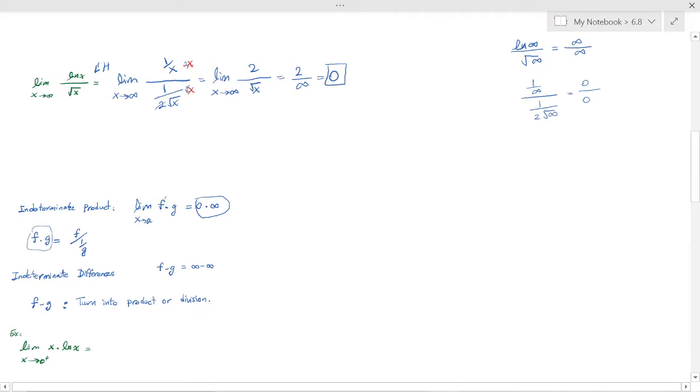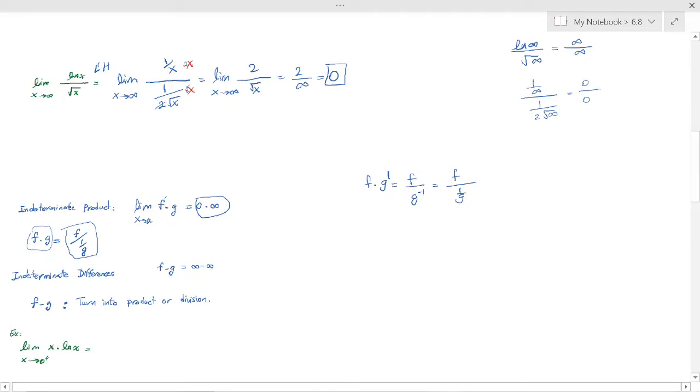We can move one of these terms into the denominator. If I have f times g, I can write it as f divided by g to the power negative 1. This is g to the power 1. G to the power negative 1 means 1 over g. So you can write f times g as f divided by 1 over g. This is what you can do.